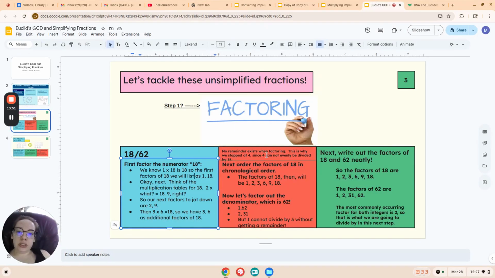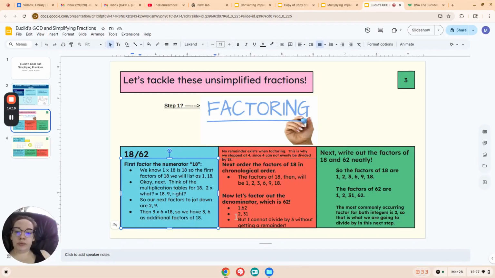No remainder exists when factoring. So this is why I stopped here at 4, since 18 cannot be evenly divided by 4 without, of course, getting a remainder. So next you have to order the factors of 18 in chronological order. The factors of 18 then will be 1, 2, 3, 6, 9, 18.